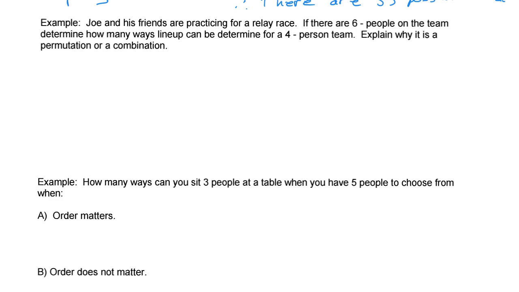Here's the reason why it's a permutation: it's because order matters, right? Order matters in this case because you want to find the fastest people on your team. Sometimes you may want the most reliable. It doesn't matter, right? But because of that, this is a permutation.